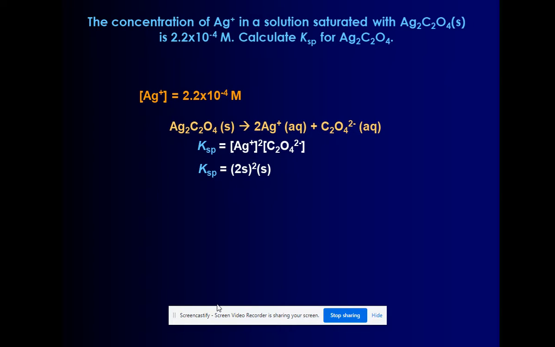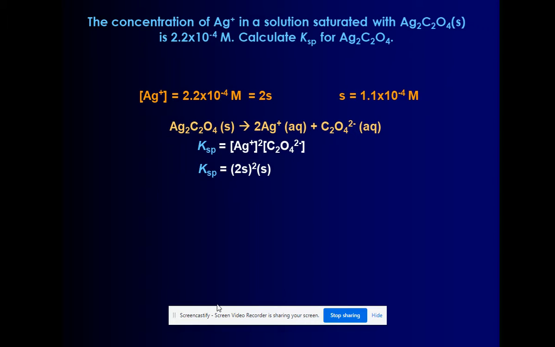When we go through and do this mathematically, we get that S is 1.1 times 10 to the negative fourth. Again, because silver is in a 2-to-1 ratio with the silver oxalate compound, the concentration of silver that's dissolved is twice the amount of the silver oxalate that was able to be dissolved.